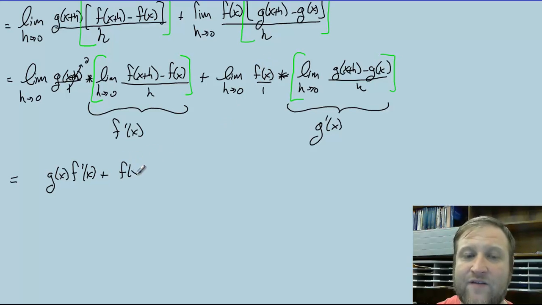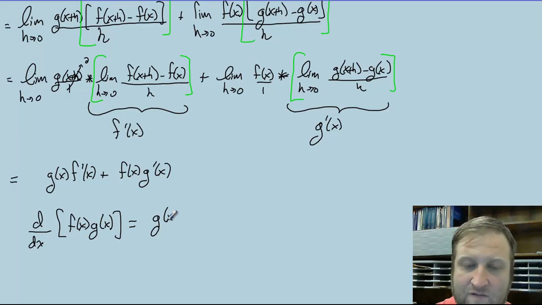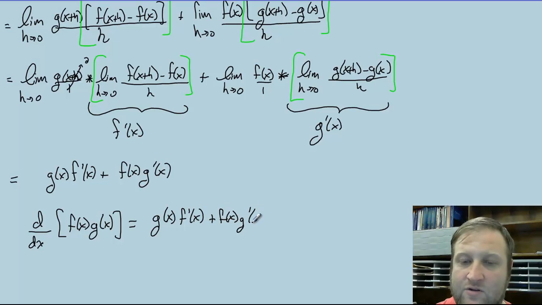So we'll just have a functional value f of x, and this all is g prime of x. So notice here we have the derivative with respect to x of f of x times g of x equal to g of x times f prime of x plus f of x times g prime of x.